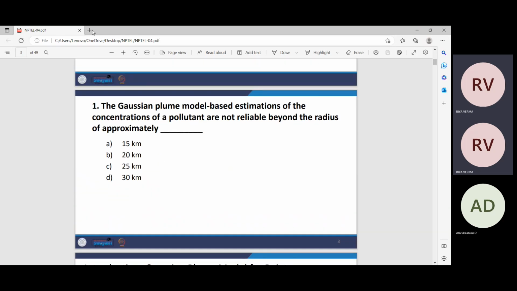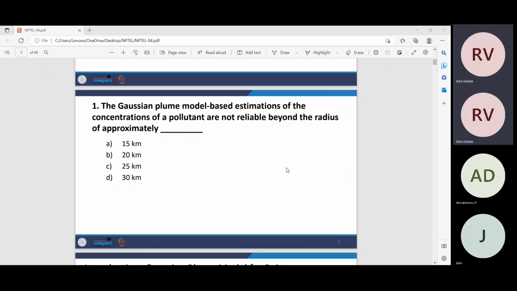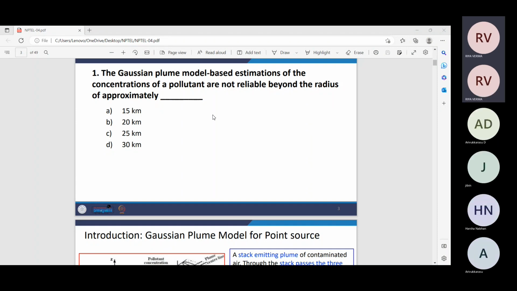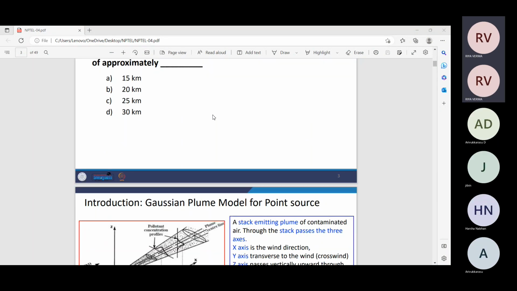So before proceeding towards the solution of this question, let me just briefly get into this topic: what is the Gaussian plume model, what are its assumptions and limitations, and some of the advantages, how to calculate the concentration of pollutants. I think I can take this topic very briefly, and that will be a quick revision for you guys as well.